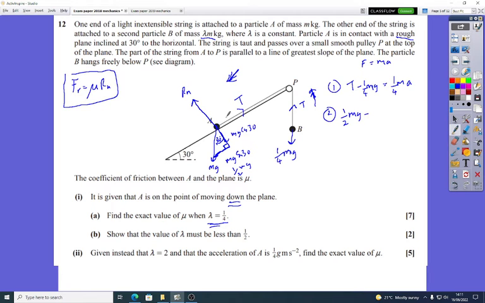If it's rolling that way, let's just say, first of all, what's going against it? Tension's going against it. What else is going against it? It's a rough plane. Friction. Yeah. So also friction's going against it.